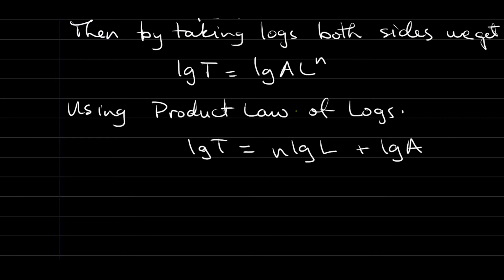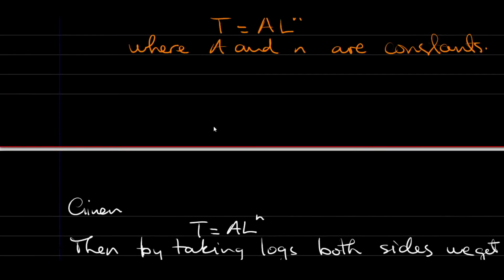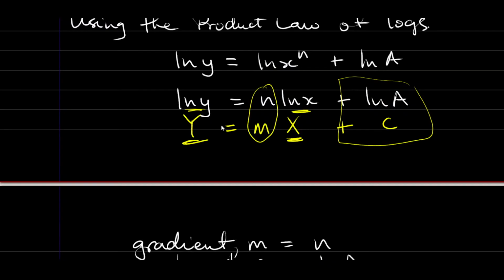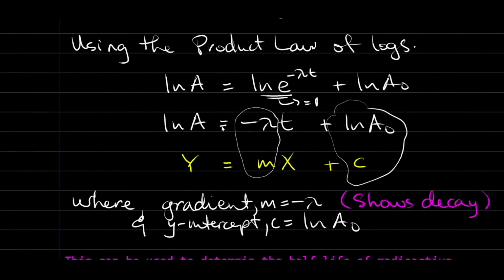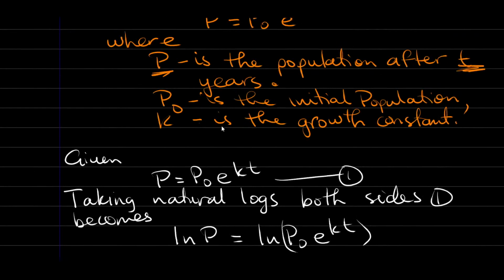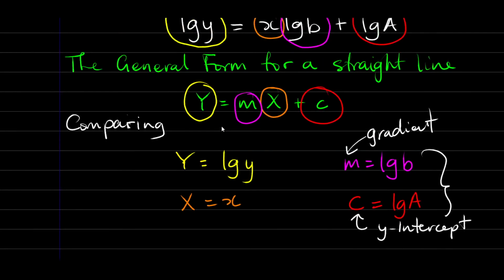And we compare it again to y equal mx plus c. And you can see this here is my gradient. You can see that this here is my y-intercept. And that's it. Once you're able to take logs and you're able to do so properly by using all the laws, these non-linear lines that you would end up with when you're doing certain types of experiments, or you establish certain relationships that have these little curves, you can use logs to make them straight.